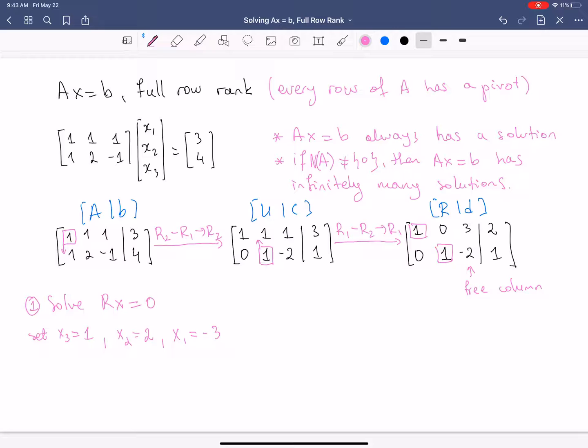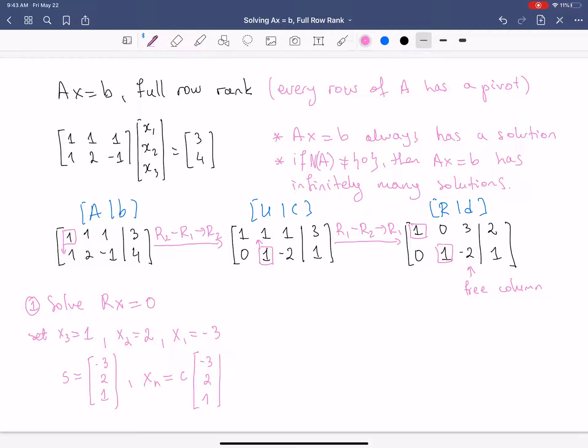And the special solution, S, there is only one, is negative 3, 2, 1, whereas the null space solution from here would just be any constant times negative 3, 2, 1. So this is the general form of the null space solution, because C could be anything. That is up to us to choose.